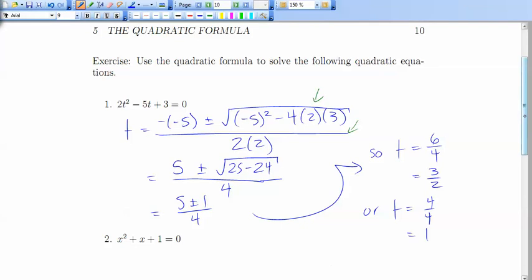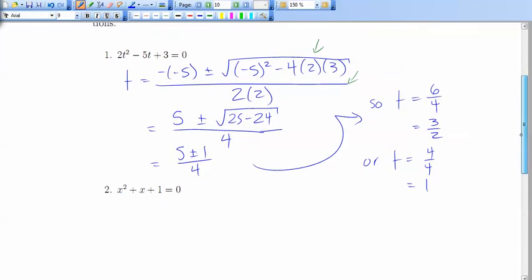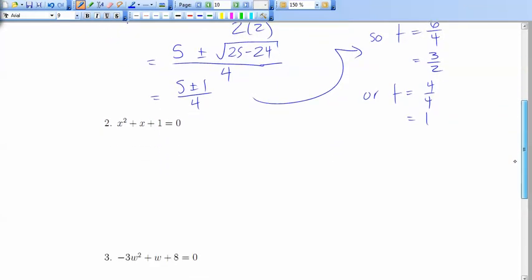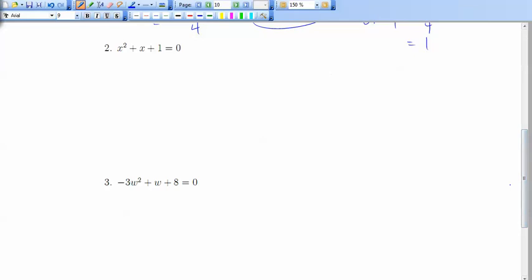Let's try another example here. How about the second one? Looks fairly straightforward. Shouldn't be too difficult to calculate. So we've got x is equal to -1 plus or minus... I guess all our coefficients are 1. This is kind of not that exciting. 4 times 1 times 1 all over 2 times 1.